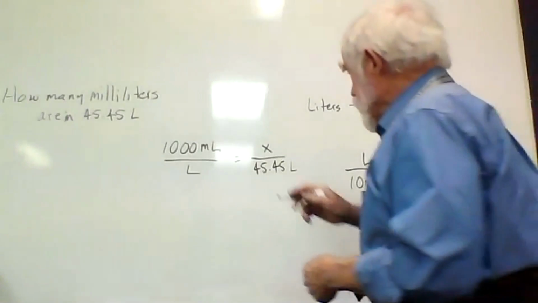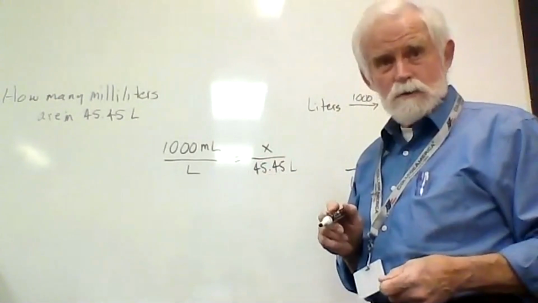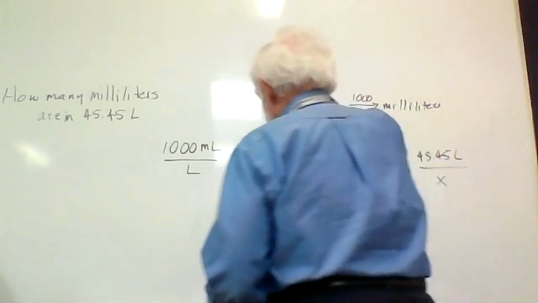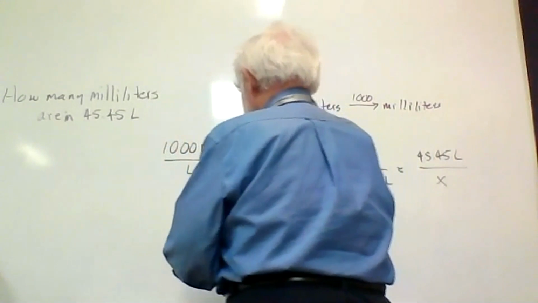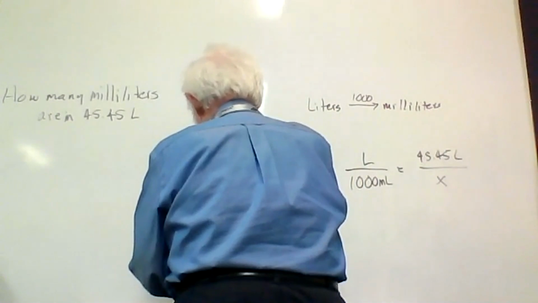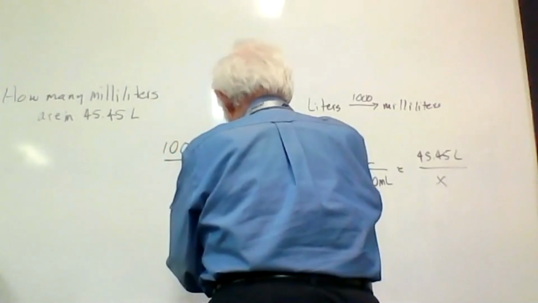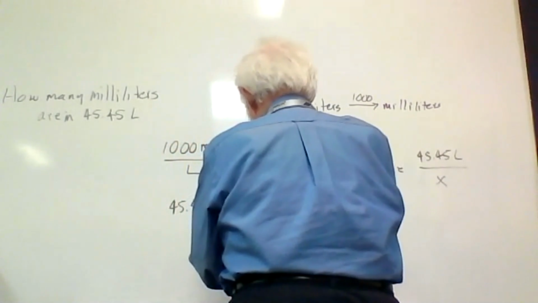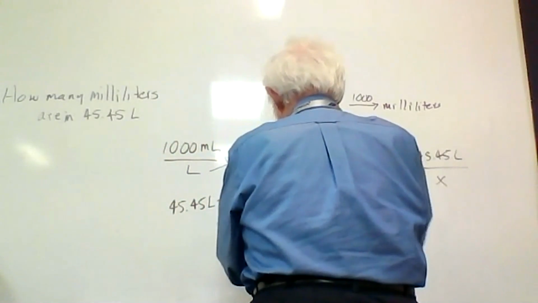Either way, we solve this how? Cross multiply. So we have 45.45 liters times 1,000 milliliters equals X times liter.